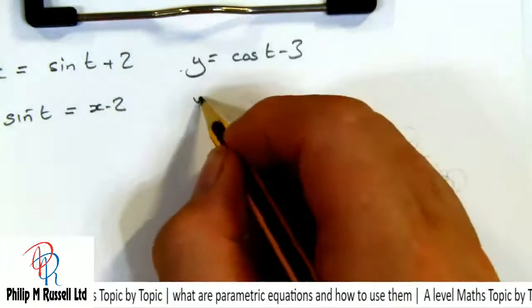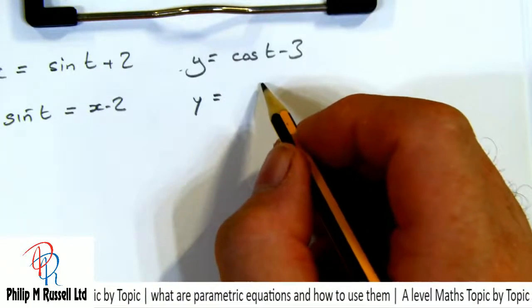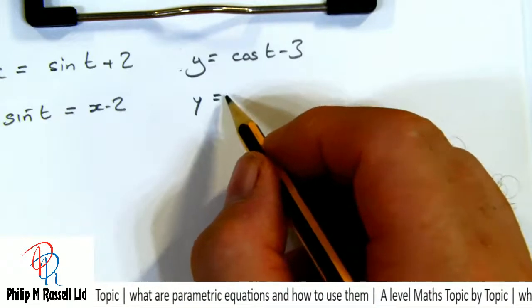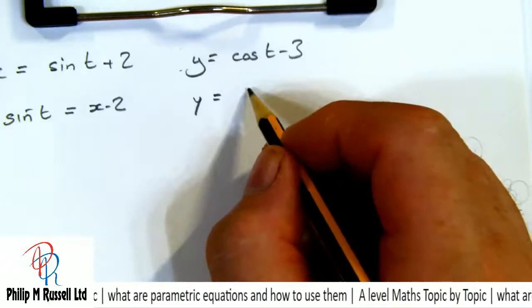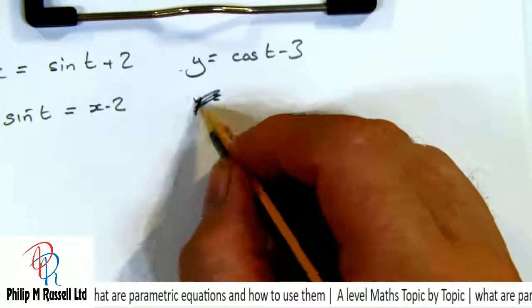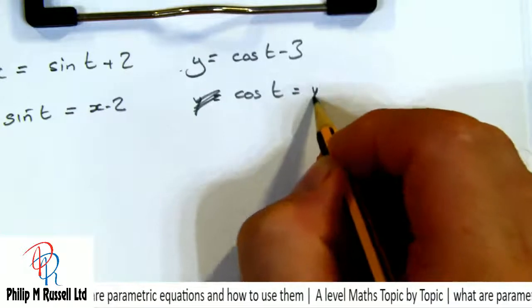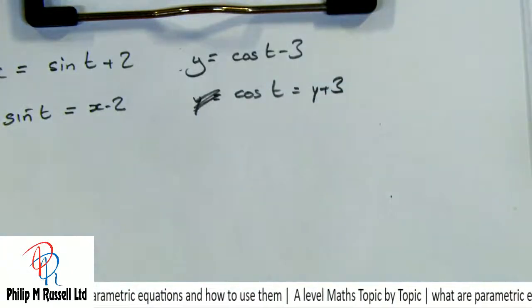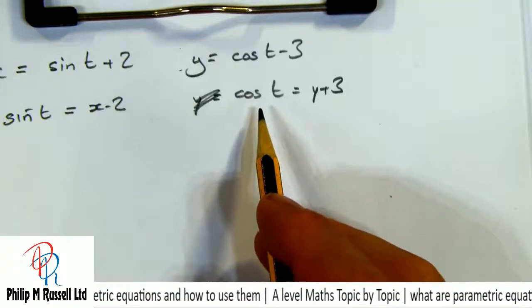We can also say that y here, well, we've got cos t minus 3. I want to get it in the form of cos t, so we can say that cos t here equals y plus 3. Let's put those together and see what we get.